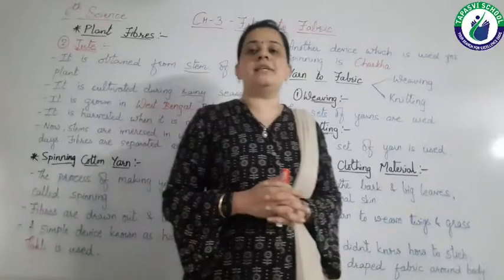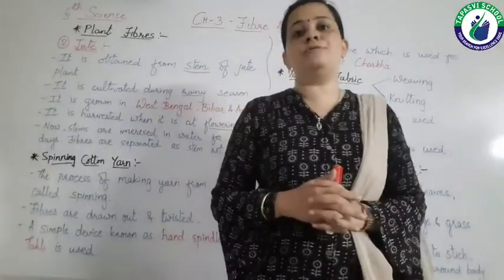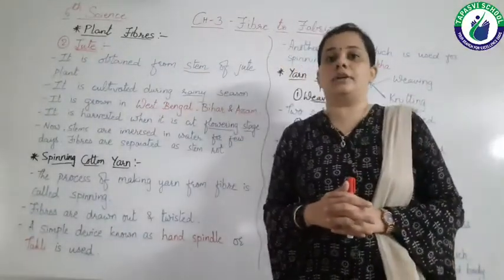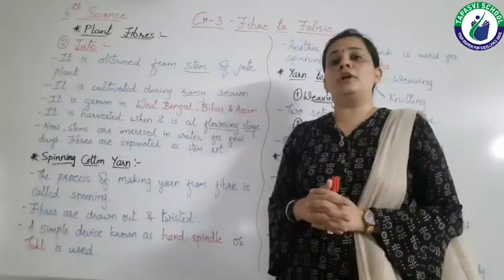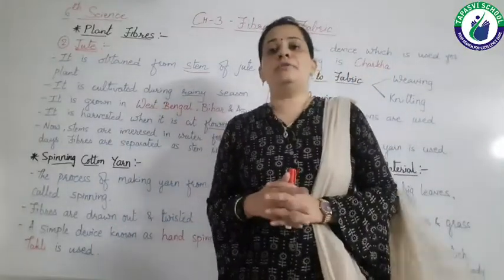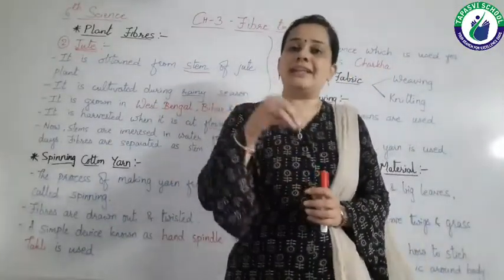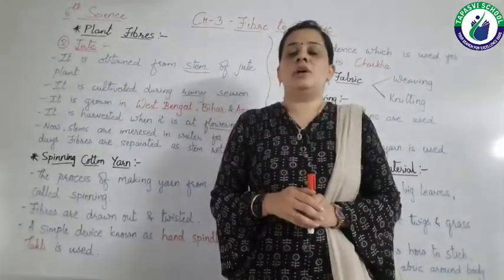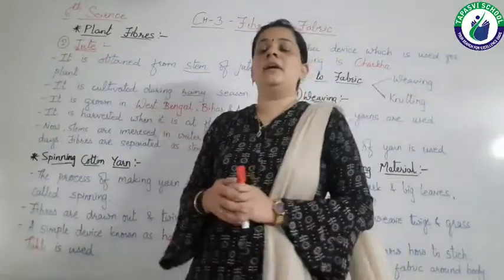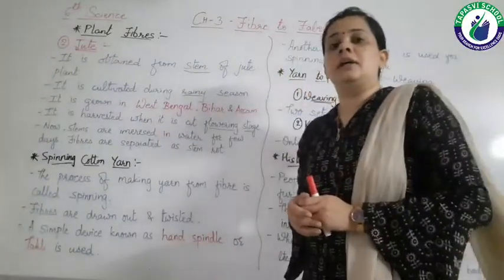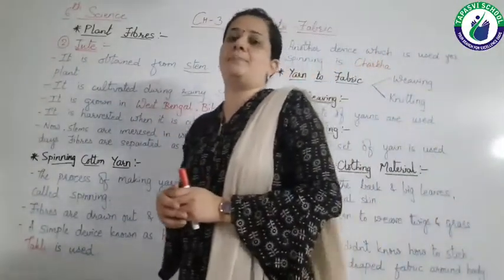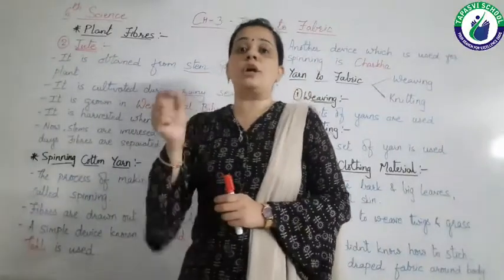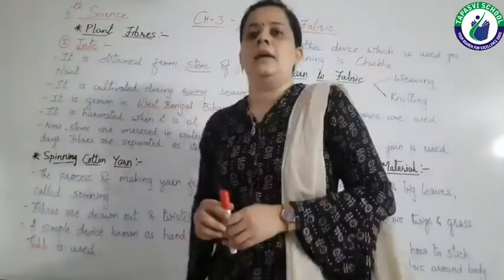After a few days, this stem of the jute plant rots. Water gets inside the jute stem and they become rotten, meaning spoiled. Right? Now the fibers are separated from the rotten jute plant.